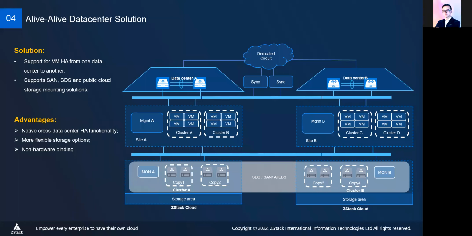Actually, it's two clusters for Ceph, and Ceph replicates across the two clusters. First, you must put a Ceph cluster in, for example, data center A, ZStack cluster A, and then put another Ceph cluster in ZStack cluster B. It's called the Ceph stretch cluster feature.